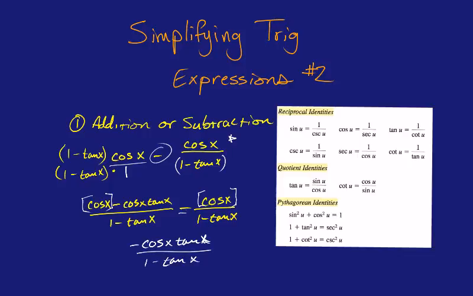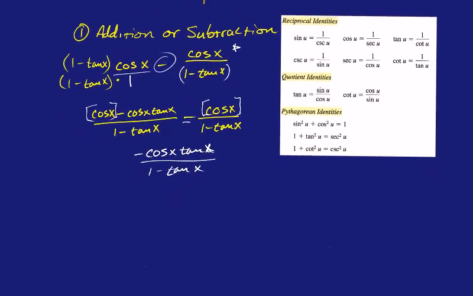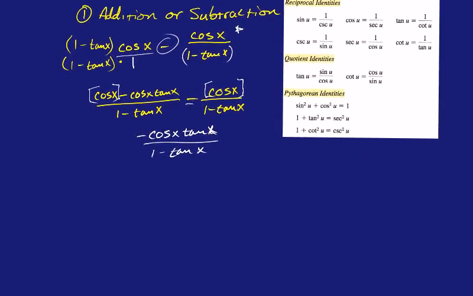So you may say to yourself, okay, am I done? Is that simplified? I guess the question is, is there anything that you can do? If I multiply cosine times tangent, is that somehow going to simplify? And I would argue that it does. Negative cosine of x is what we have, but tangent is sine of x over cosine of x.